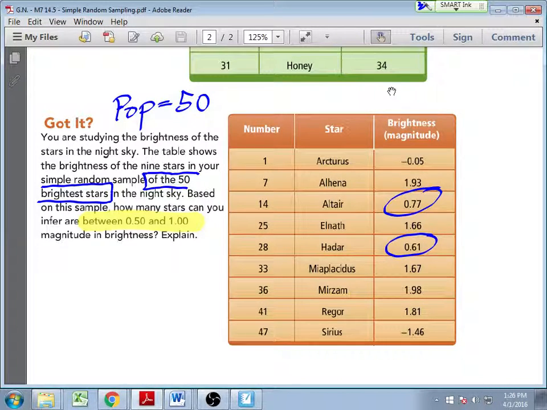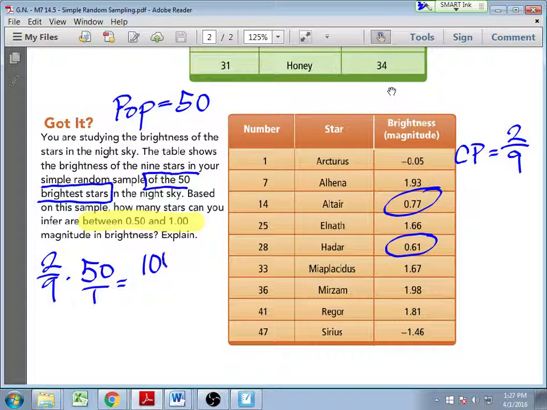So, most of you found that your constant of proportionality was 2 ninths. Then that was 2 ninths times 50. 50 over 1, which becomes 100 over 9.